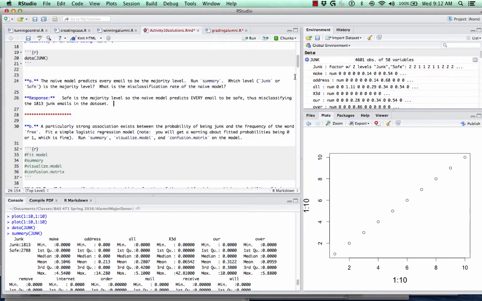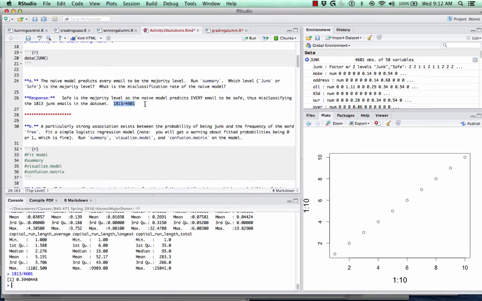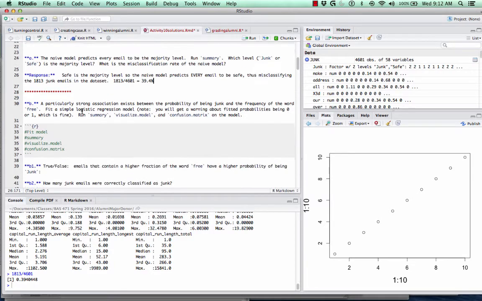We have 1813 errors out of the 4601 total emails, which works out to a fraction just a little under 40%, so 39.4%. Basically, developing no model whatsoever, the naive model is going to have a 39.4% misclassification rate. So we better hope that whatever model we develop does better than this, with a misclassification rate that's lower.